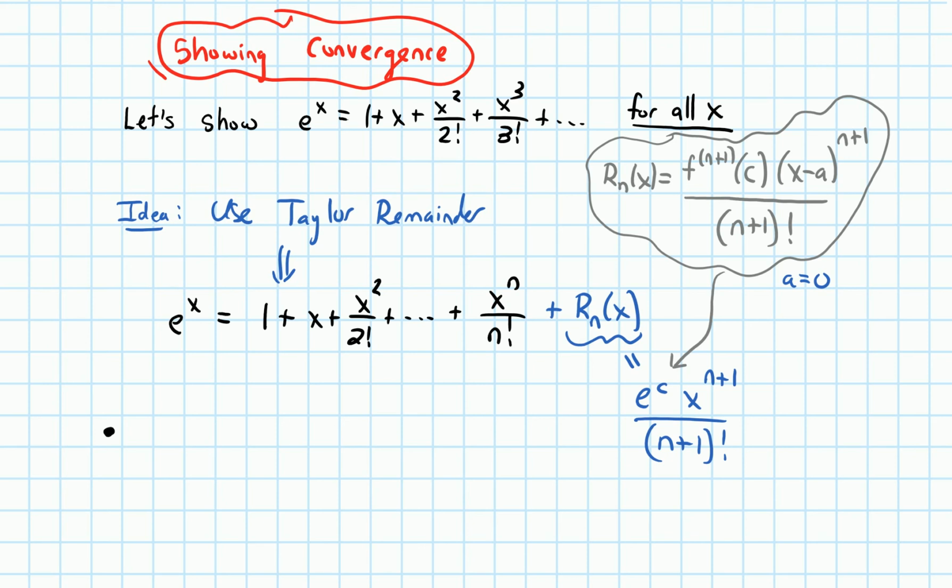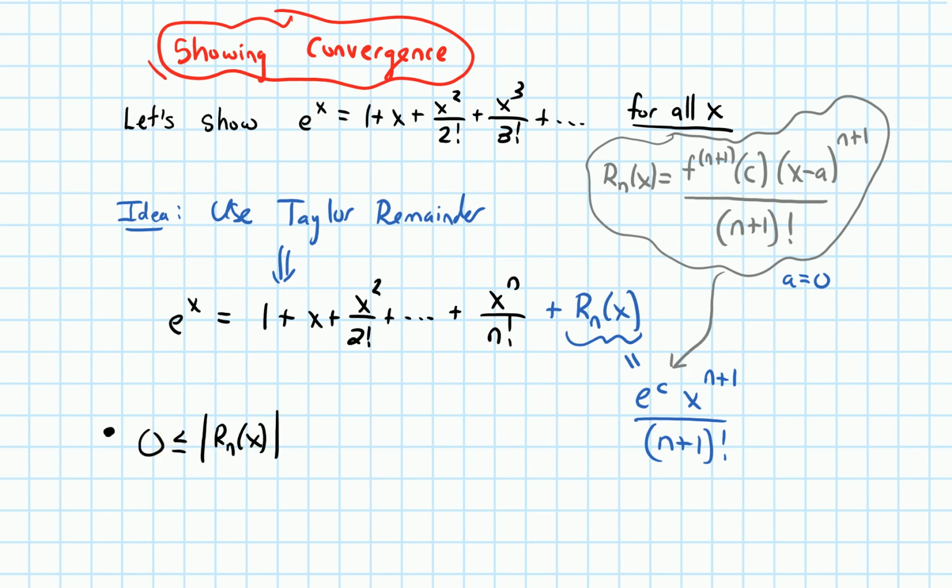Now what we need to show is that this remainder, when we take the limit of it, gets really, really small. It shrinks to 0. So I'm going to begin by setting up an inequality. I'm going to take the absolute value of this remainder, so the absolute value of Rn of x, and the absolute value of anything is always greater than or equal to 0.